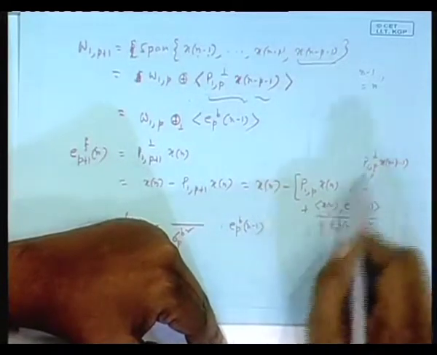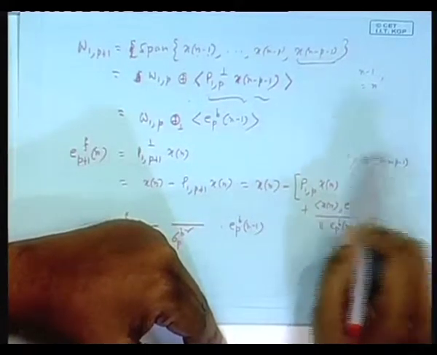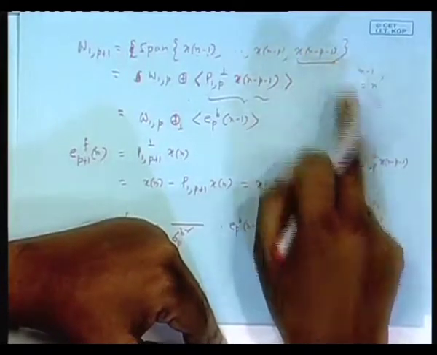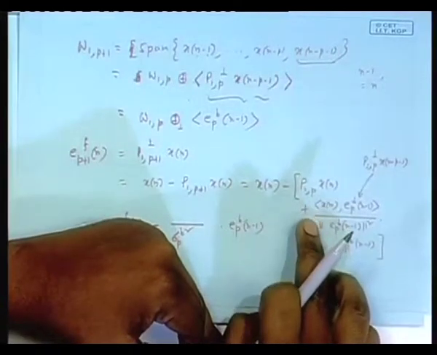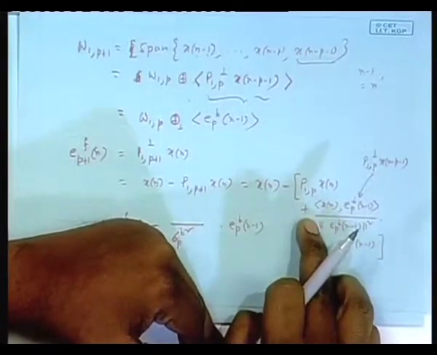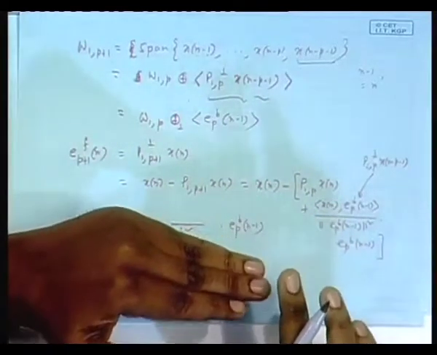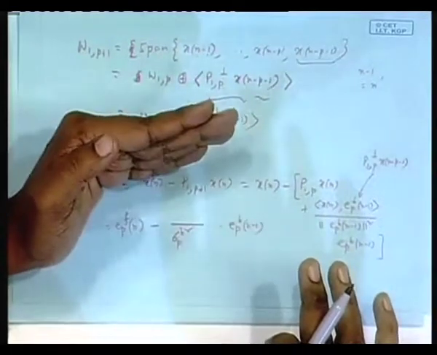So this operator gets repeated twice. Then I can drop this operator. Why? Because this can be written as original vector xn minus p minus 1 minus the projection. But that projection is orthogonal with the error component coming from here. See, this is repetition, this I explained. If you do not follow, I cannot help. I took pains to explain all this in the previous lecture, I am only reminding you.